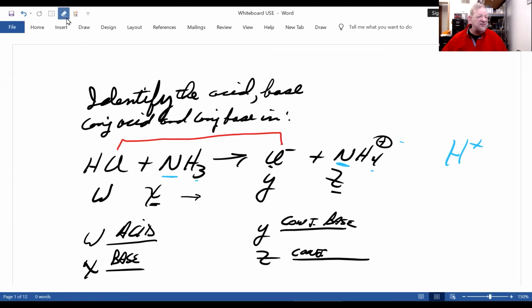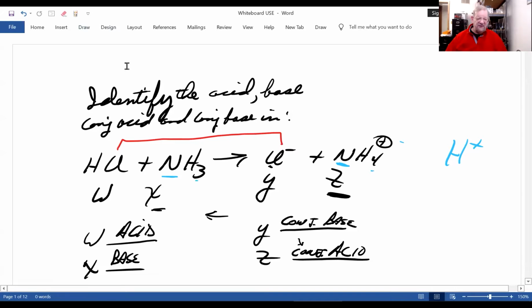Now, let's look at the opposite direction, Z to X. Does this gain or lose a proton? Just count the hydrogens. 4 to 3. It's lost or donated a proton. What's something that loses or donates a proton? That's an acid, but it's on the right side, so it's a conjugate acid. And that's how you do it.